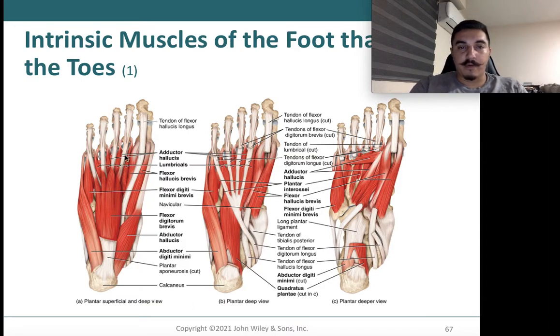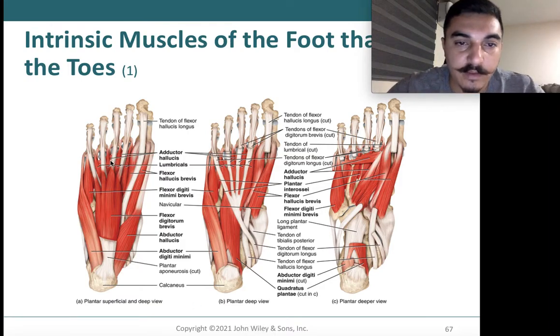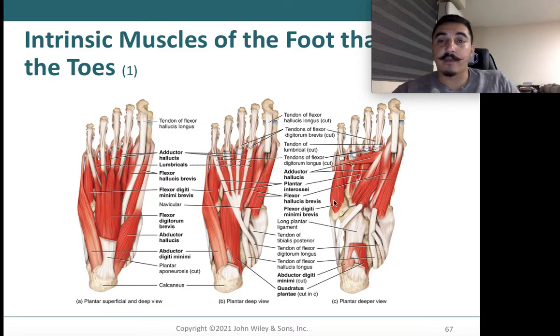So we have here our adductor hallucis, lumbricals, again, kind of like in our hand as well. Most of the digits, but then we have the ones that are basically in our thumb, on our foot. The flexor hallucis brevis. Flexor digiti minimi brevis, a little one here on the left, near our pinky.